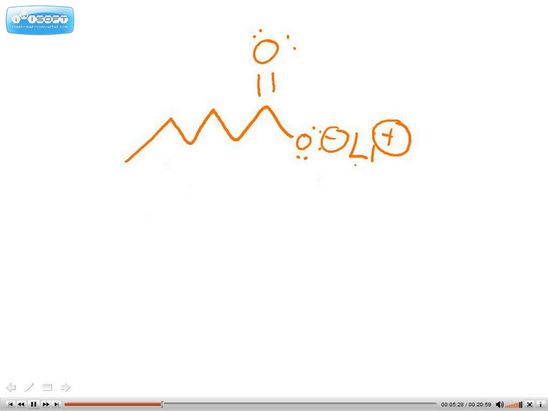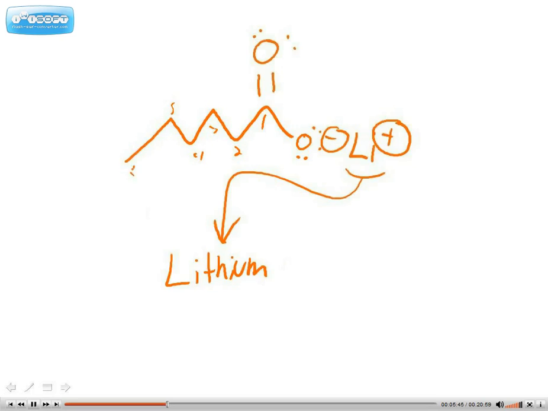So in this case, I place the metal name in front, and it would be lithium, space, and then the parent in this case would be 1, 2, 3, 4, 5, 6, so it would be hexan, and I replace the oic acid with oate.